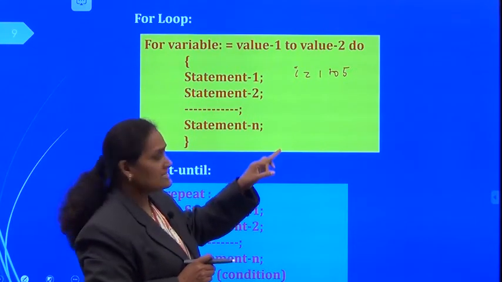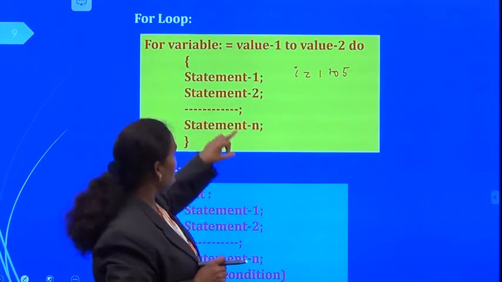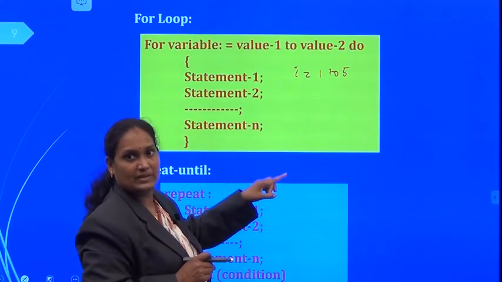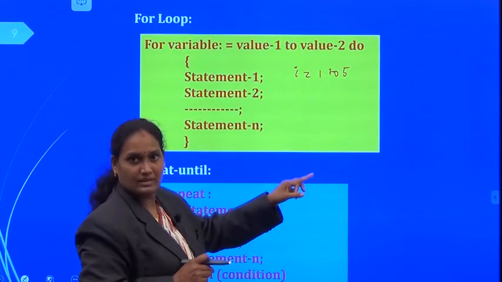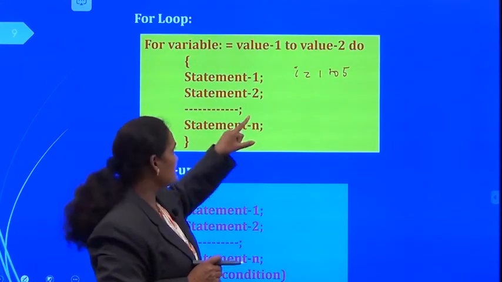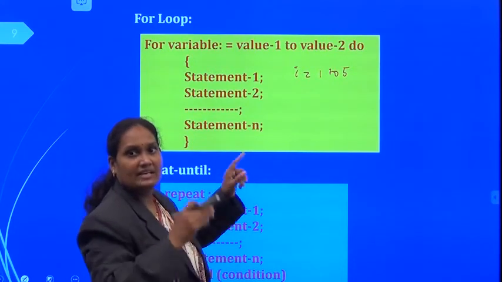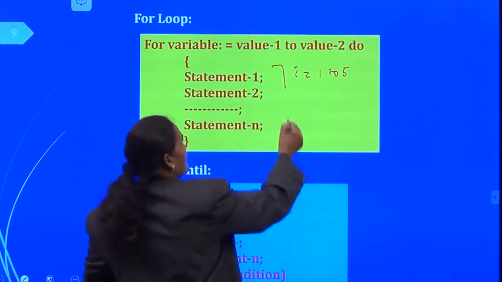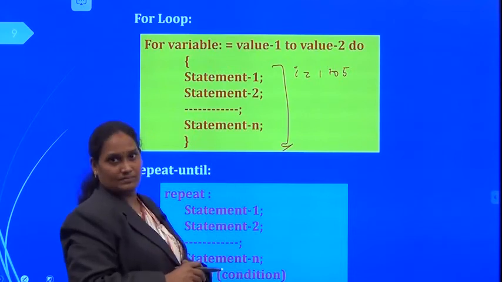After that I takes 2, and again the statements are executed. Then 3, again the statements are executed. Then 4 and 5. So for 5 times the statements are executed. Whenever I crosses 5, the execution control comes out of the loop.